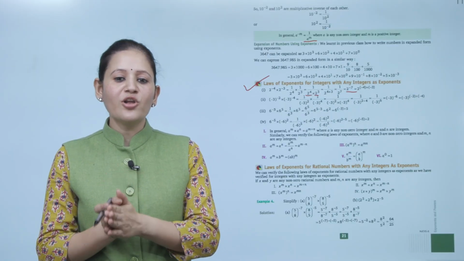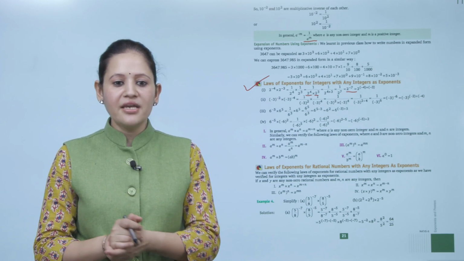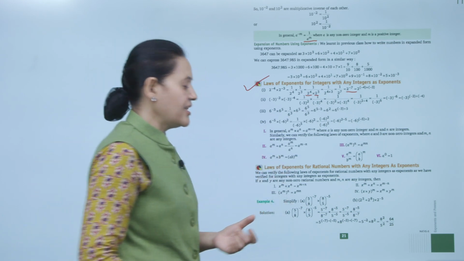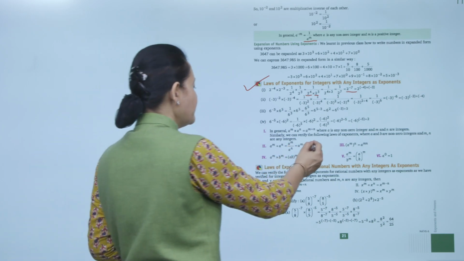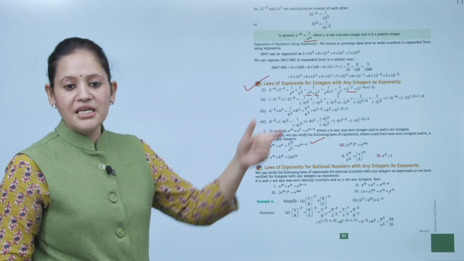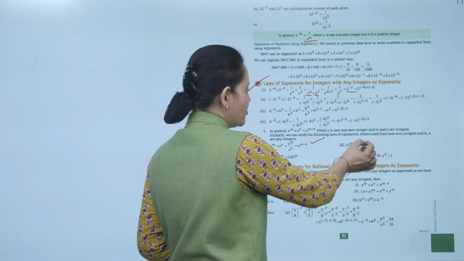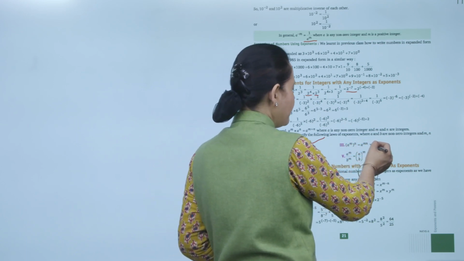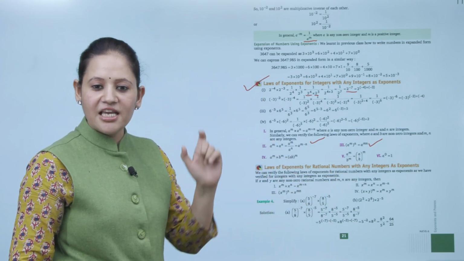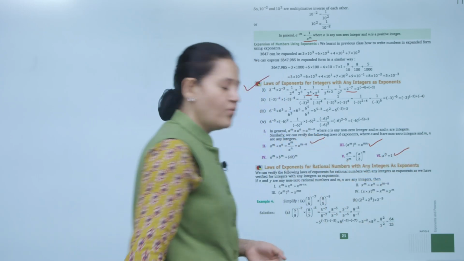Similarly, we can verify the following laws of exponent where a and b are non-zero integers and m and n are any integers. a to the power m divided by a to the power n is equal to a to the power m minus n. a to the power m into b to the power m, we can write it as ab whole power m. a to the power m whole power n is written as a to the power mn. a to the power m upon b to the power m, we can write it as a upon b whole power m. a to the power 0 is equal to 1.